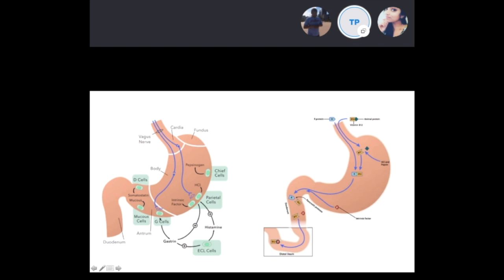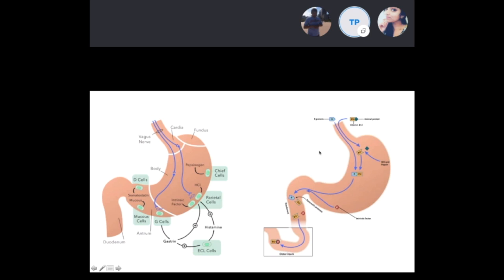G cells here are going to release the gastrin, which then stimulates parietal cells here. And D cells here secrete somatostatin. And then stem cells are not pictured, but their purpose is replenishing the gastric epithelium when in need.